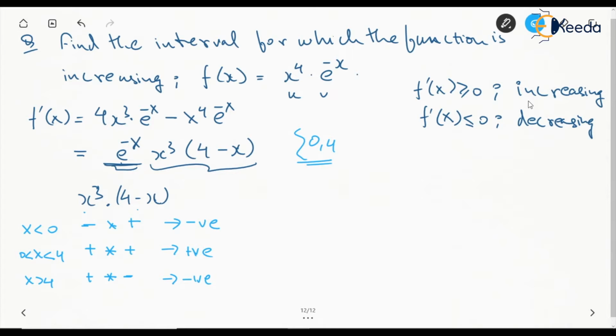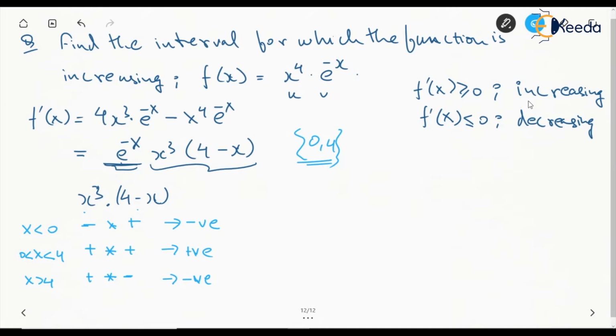Other than that, at x equal to 0 and at x equal to 4, the derivative is going to be 0. So we'll check on the left and right of the stationary points only. There only we can check whether it is going to be increasing or decreasing.